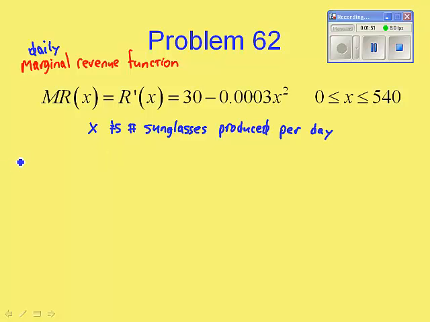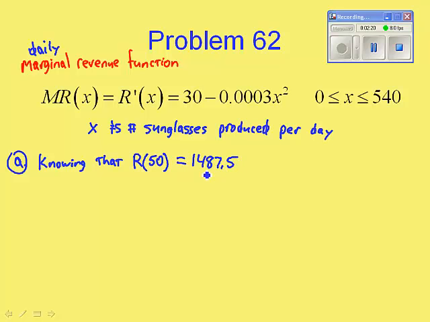Okay, so here's problem A. Knowing that R of x equals 1487.5 when x is 50. A short way of writing that is this: R of 50 equals 1487.5.